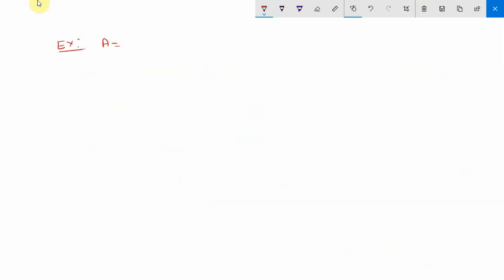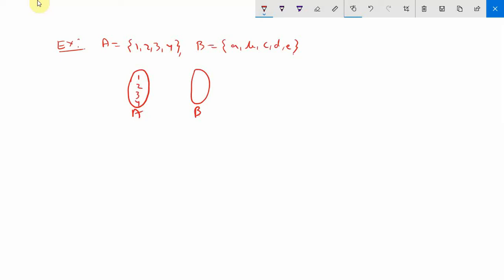If we have set A equal to 1, 2, 3, 4, and set B as a, b, c, d, e, and f1, f2, f3, and f4 are rules associating elements of A to B, we have to find whether the given rules define a function or not.